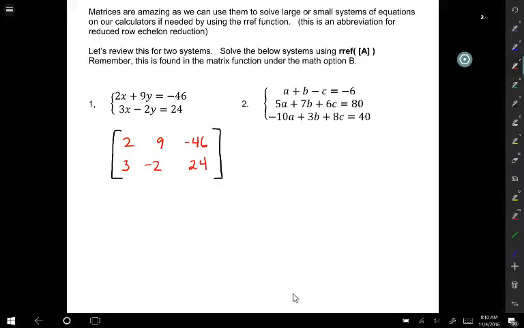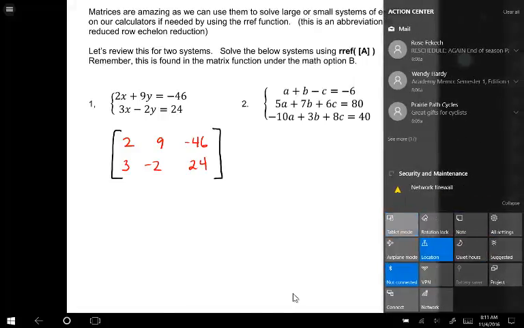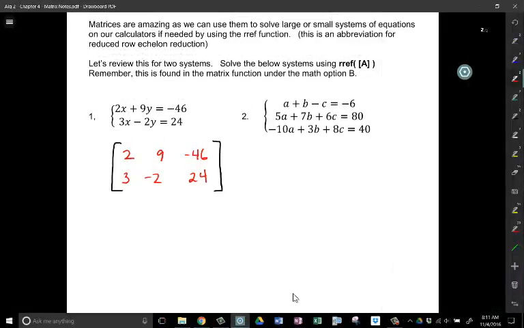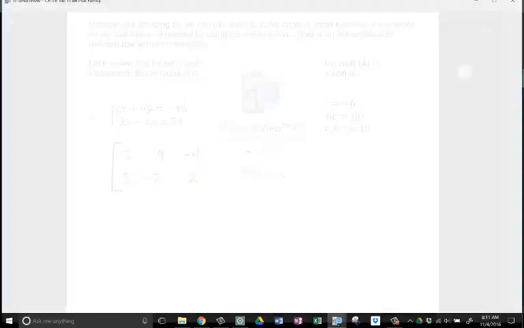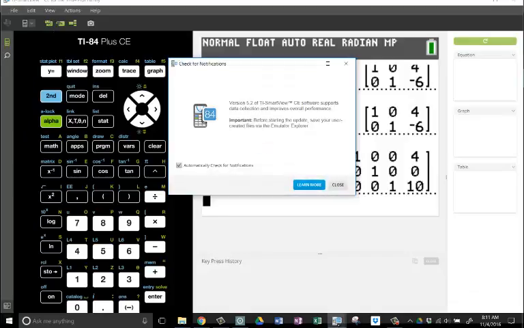So let's take our calculators, pop those out, go to your matrix. We're going to put in 2, 9, negative 4.